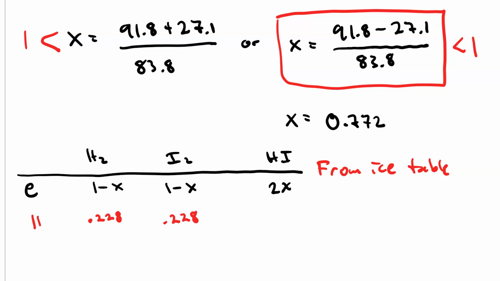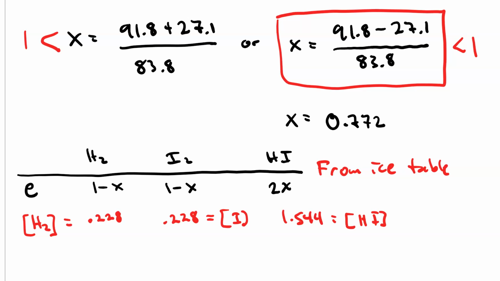So the concentration of H2 equals 0.228, and the concentration of I2 equals 0.228. And then the concentration of HI is 2 times that, 2 times 0.772, 1.544. That's the concentration of HI.